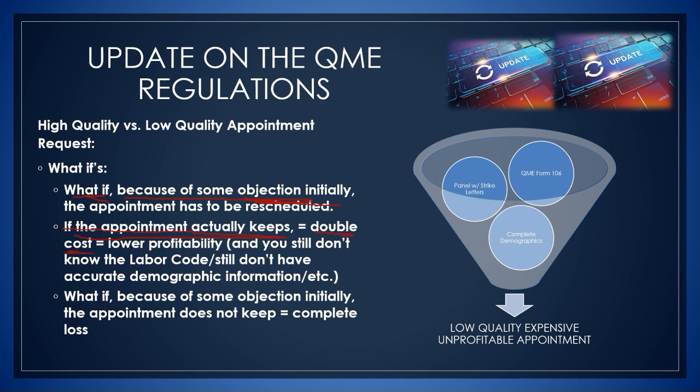You've doubled your cost, lowered your profitability, and you still don't know the labor code, still don't have accurate demographic information, etc. You simply have the strike letters ironed out, and the striking process is ironed out, and you indeed are the last evaluator standing, but you still lack the necessary information for an effective evaluation. At the same time, you've doubled your costs, doubled your admin time, and doubled your aggravation for this one single appointment. That's if the appointment actually keeps.